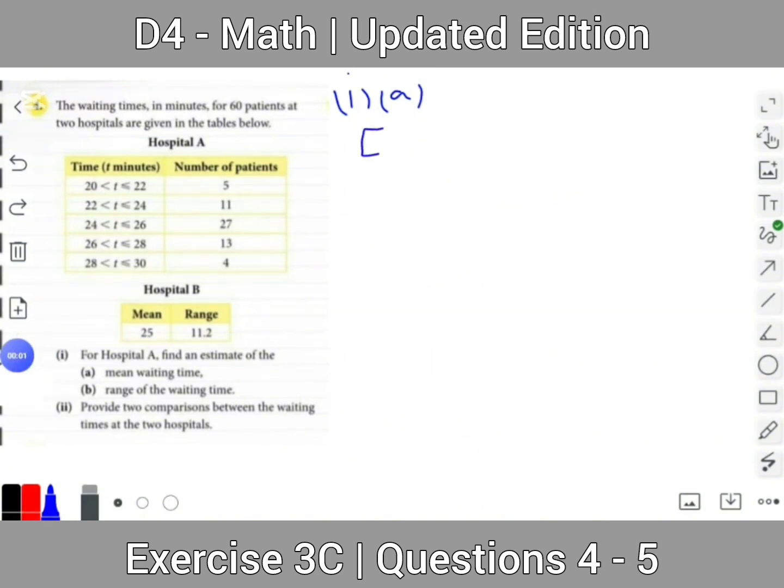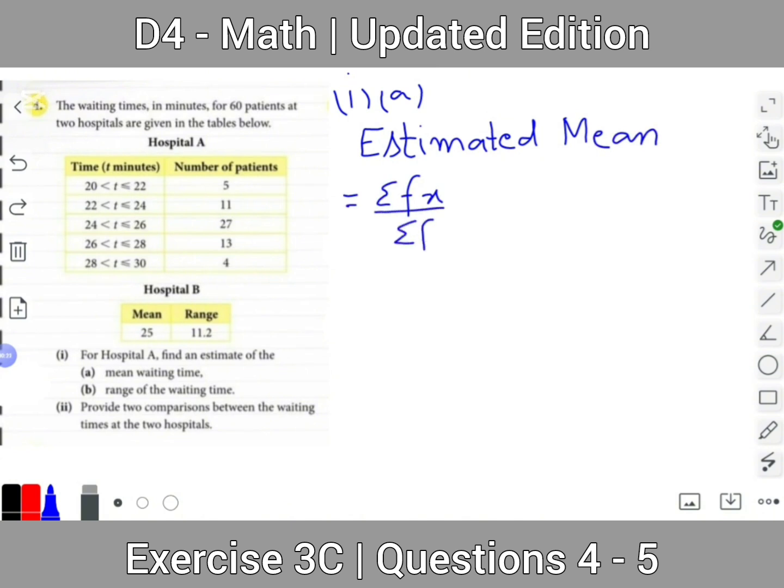Now to find the estimated mean, we will use the formula summation fx divided by summation f.